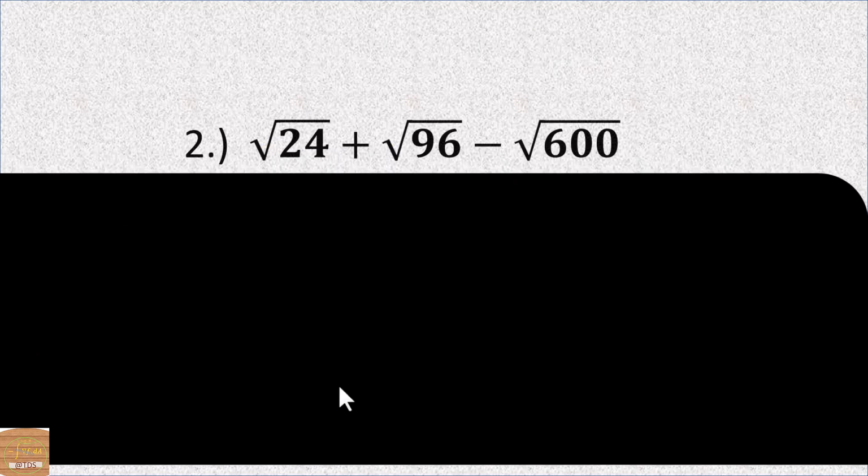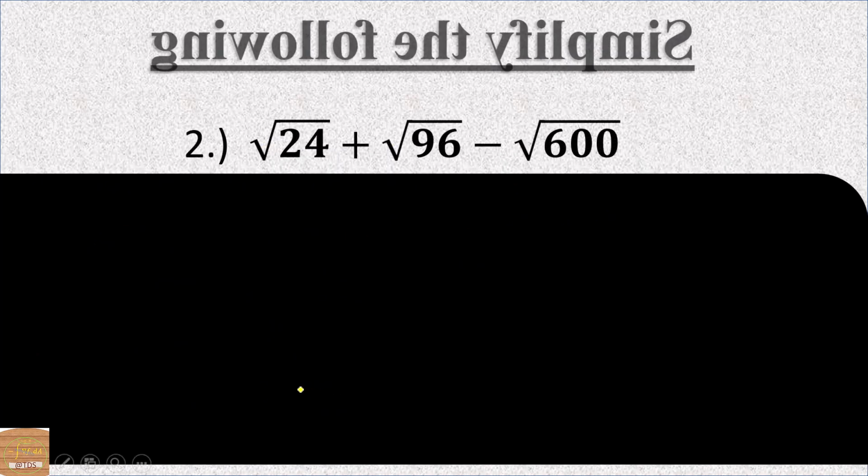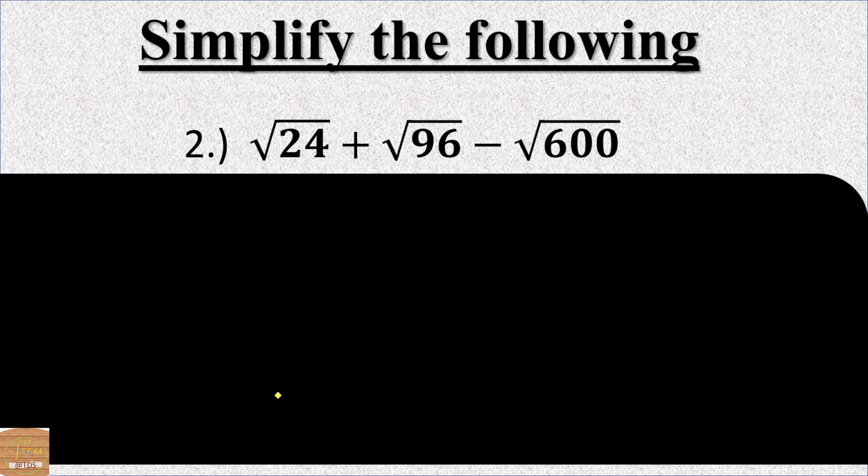Okay, the next example has to do with root 24, root 96, and root 600. Just as I said, it's not always that we use prime numbers, so this one will testify. For 24, for instance, let's use 6. 24 divided by 6 is 4, and 4 is a perfect square.